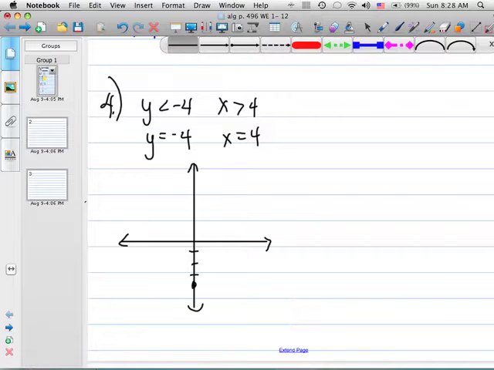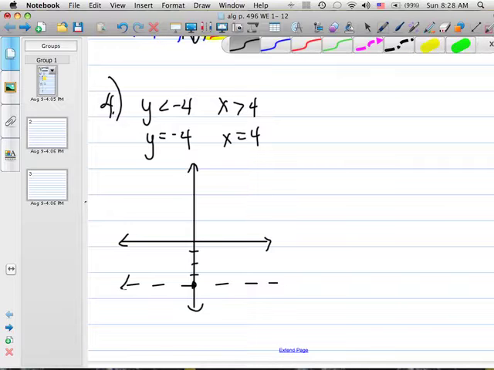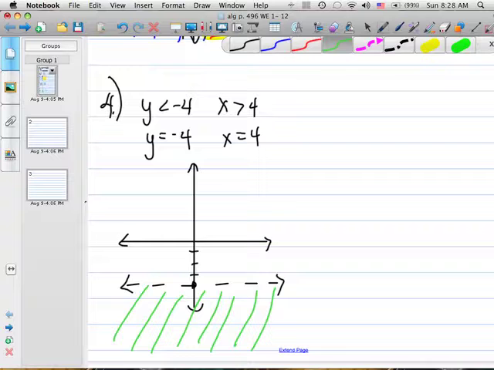And it's going to be dashed. And it says less than, so we're going to shade below. X equals 4 is a vertical line, and it will go through 4, 0. And it is also dashed.